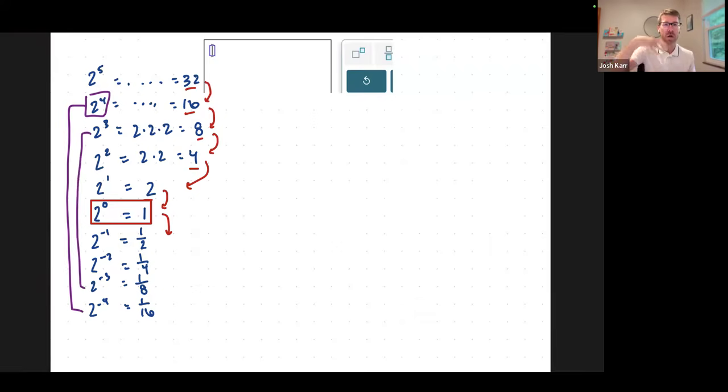So where positive exponents represent repeated multiplication, as we move down we were dividing each time. So a negative exponent is representing repeated division. So we end up with fractions, 1 divided by 2, 1 divided by 4, 1 divided by 8 of our original numbers.